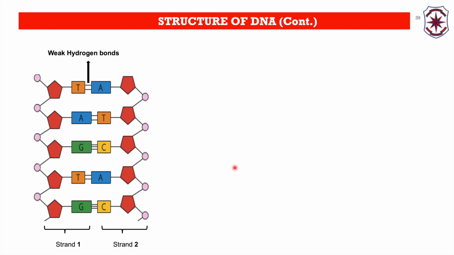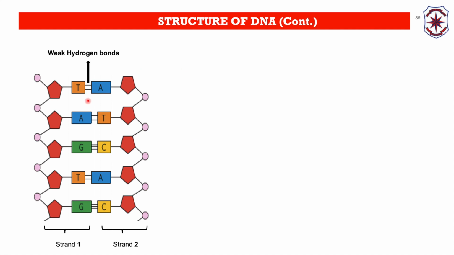In the older syllabus, you needed to know how many weak hydrogen bonds bond adenine and thymine, and how many bond guanine and cytosine, but that is not in your syllabus, that's not in your curriculum now.